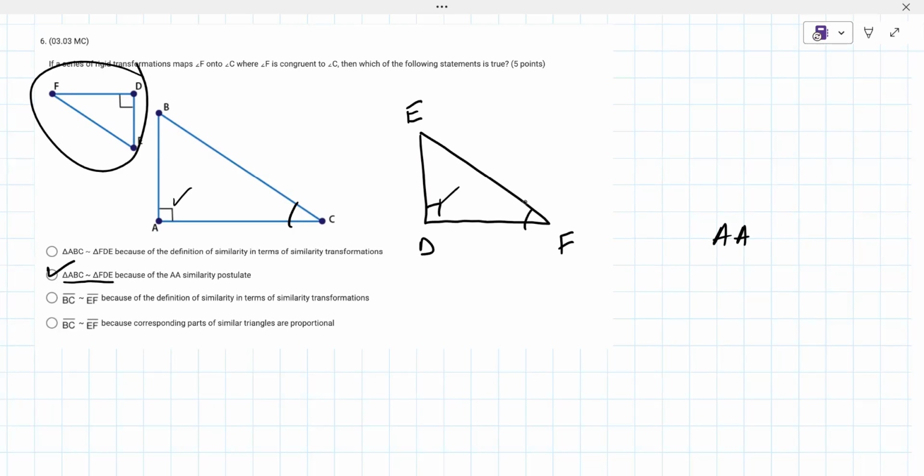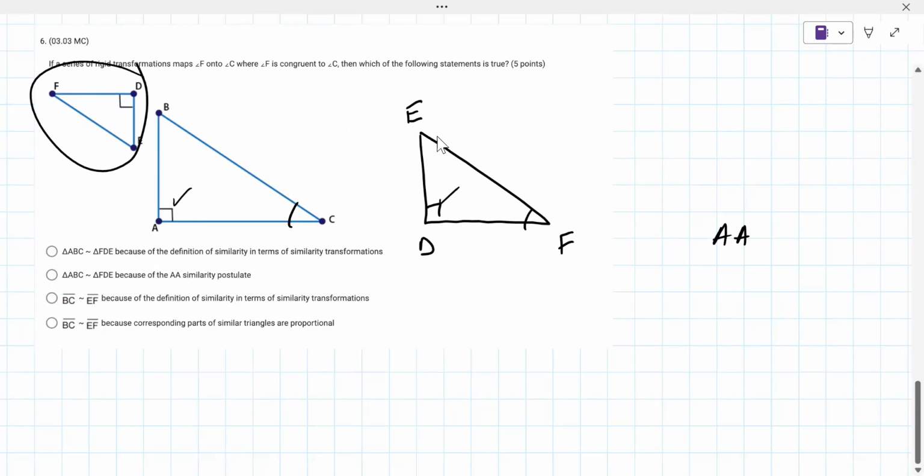But hang on, that's not right because those triangles aren't right. A, B, C, A to B to C is not the same as F to D to E. F to D. Oh, yeah, it says A, B, that's C. That's a really small thing there. Okay. Is BC similar to EF?